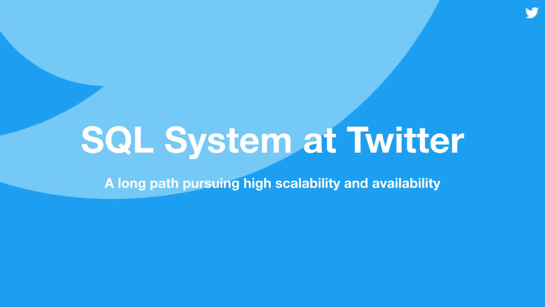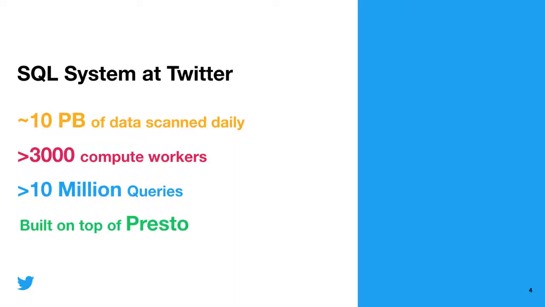The very first section is about the SQL system at Twitter, which contains a long path pursuing high scalability and availability. In this slide, we have put some basic statistics of the SQL system at Twitter.